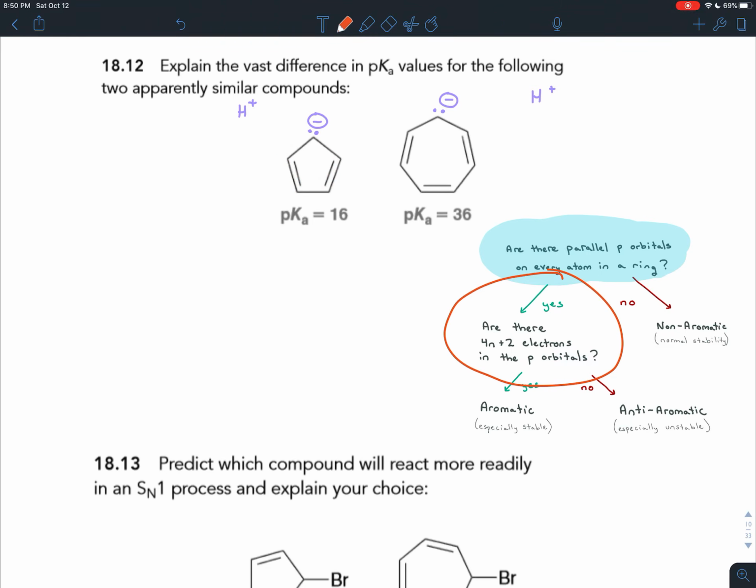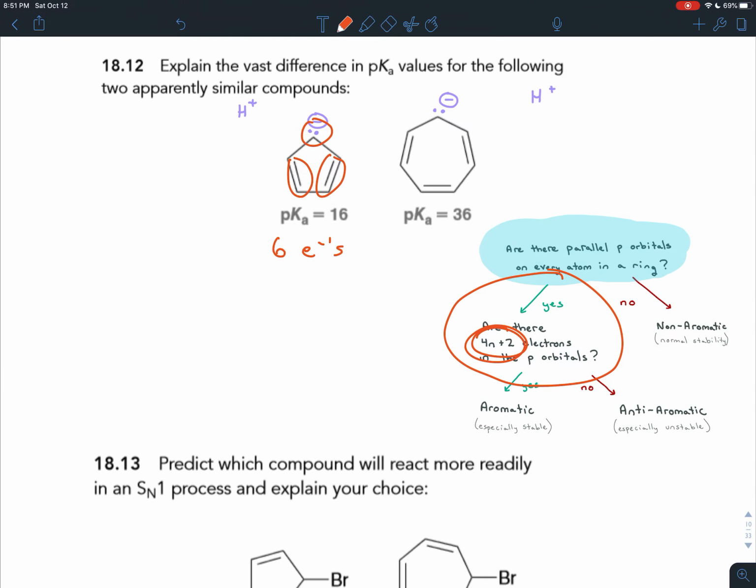The second question is, does the number of electrons in the ring fall in that pattern of 4n plus 2? So let's see how many we have in this molecule on the left. 2, 4, and 6. Remember, the lone pair was in a p orbital, so that counts. So 2, 4, and 6. We have 6 electrons flying around the p orbitals of that molecule.